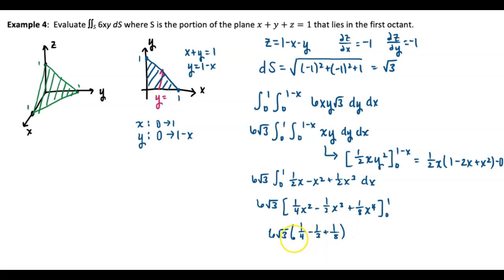And so this ends up giving us, let's see, 6 over 24 minus 8 over 24, that's a negative 2 over 24 plus 3 over 24. And so I get 1 over 24 times 6 root 3. 6 root 3 over 24 is equal to root 3 over 4. You could also just do this in a calculator. And there we have it. We've evaluated that integral.